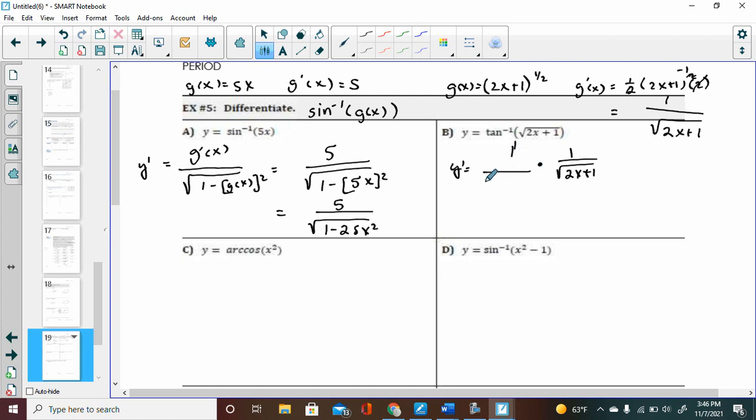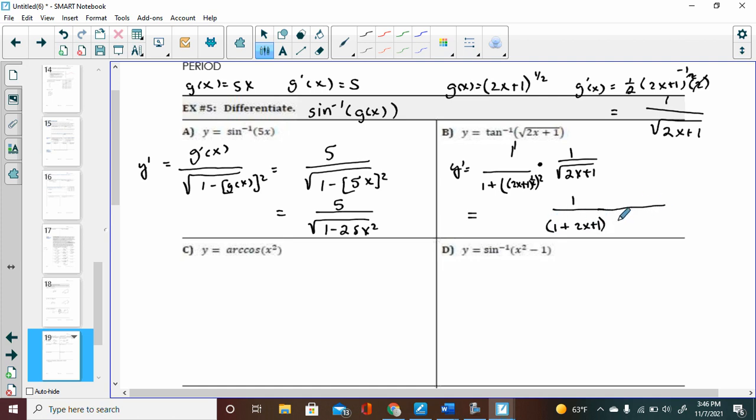So 1 over 1 plus g of x squared, so 2x plus 1 to the 1/2, and that's squared. That just means it comes out of the radical. This equals 1 over 1 plus 2x plus 1, right?